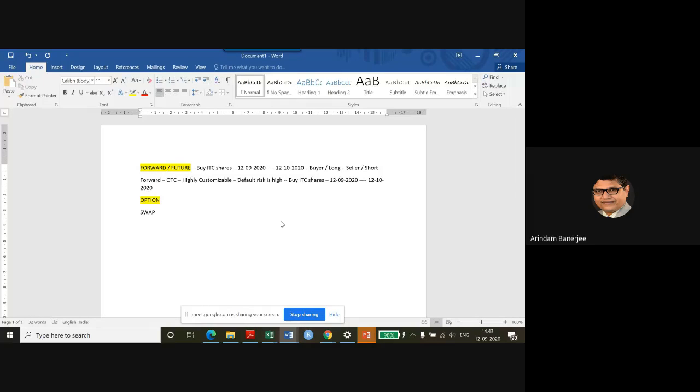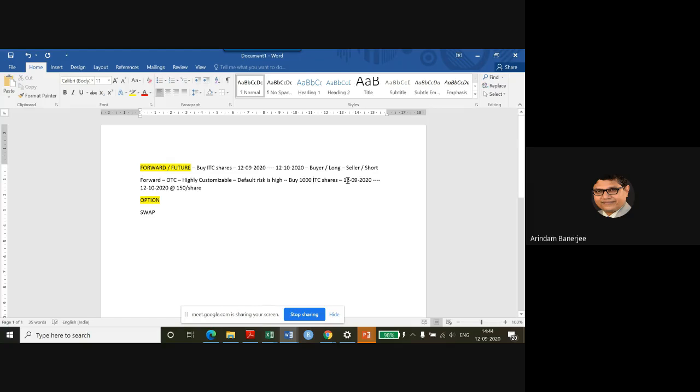The rate is 150 per share. So what is the contract? The contract is that the buyer will buy, say, 1000 ITC shares, and they are entering into a contract today.